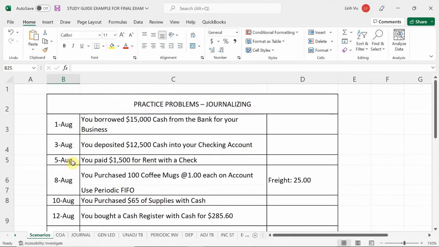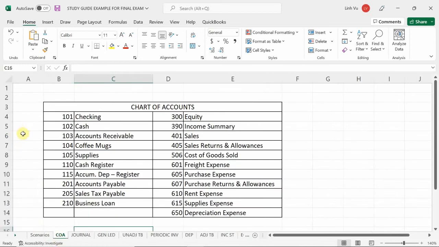August 3rd, you deposited 12,500 cash into your checking account. So some of the money we have went into the checking account. Okay, so chart of accounts. We have a cash and a checking, right, because we're depositing our cash into our checking account.